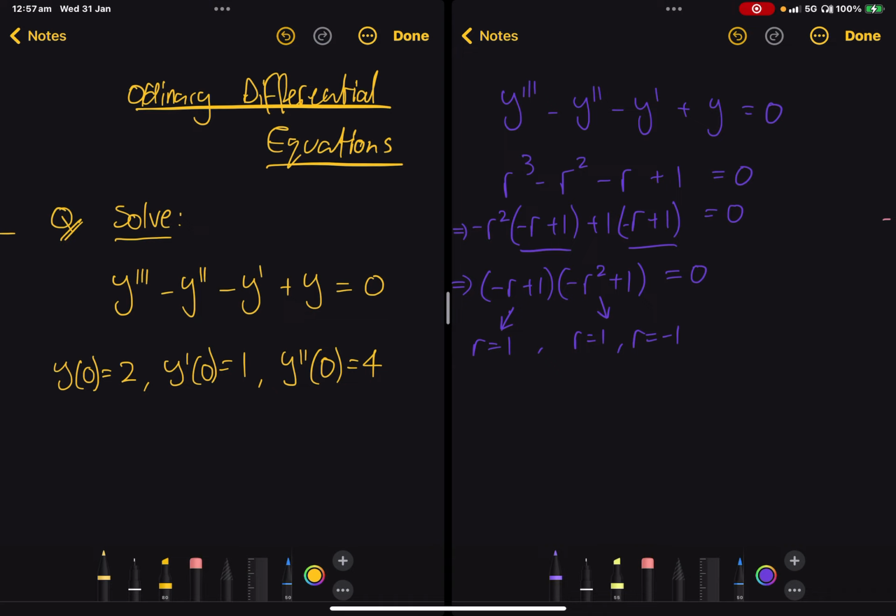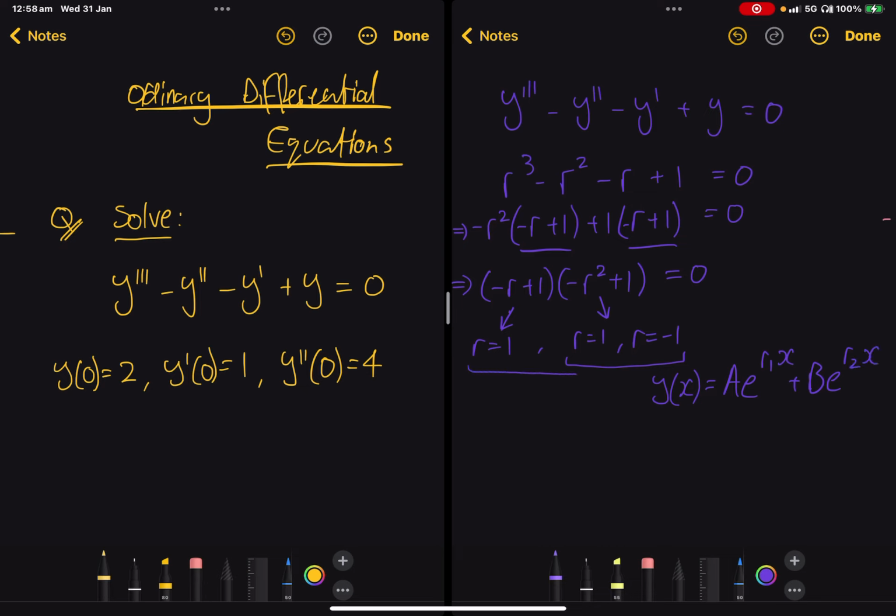We know that if we have two distinct roots, then the solutions will take the form y(x) = a e^(r1 x) + b e^(r2 x).